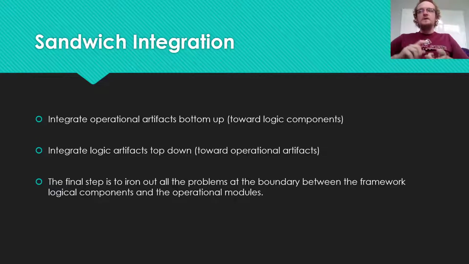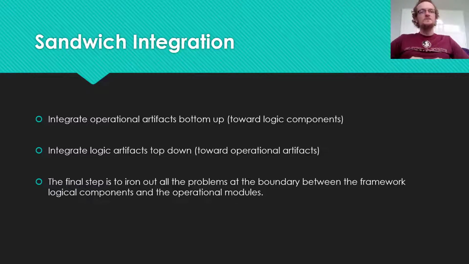So what you would often want to do is both bottom up and top down integration at the same time, because you can think about all of the ways that you can mess up the dependency chain if you only go in one direction. The de facto or best way of performing integration is often called sandwich integration, where you perform bottom-up integration on logical components and then top-down integration on operational artifacts.